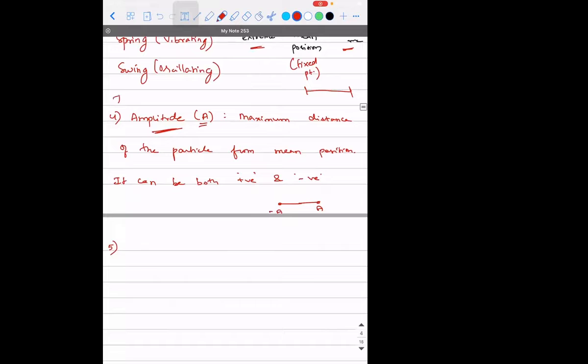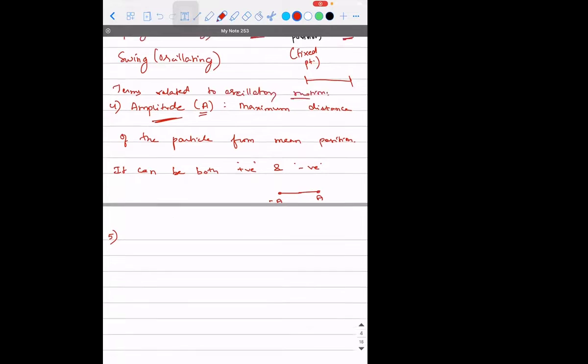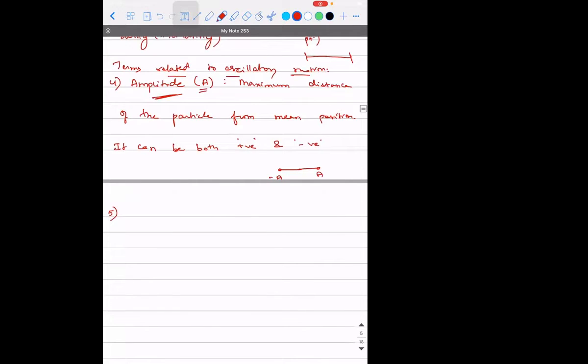So these are the terms related to oscillatory motion. Next, time period. How do you define the time period?